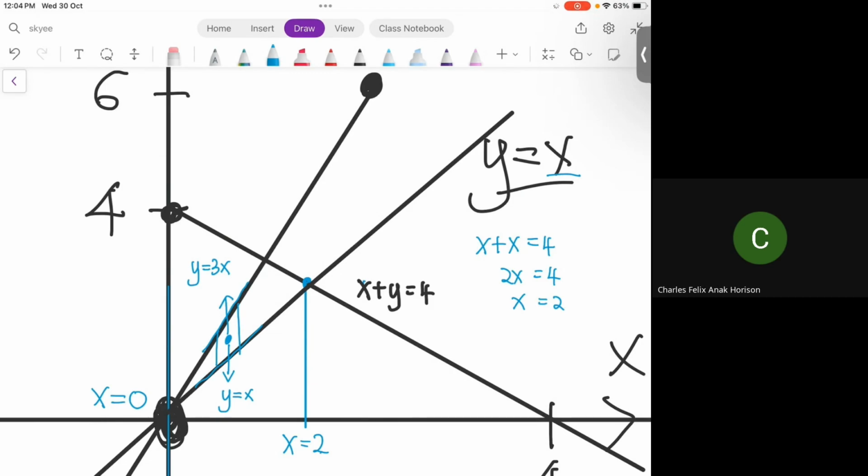Now I try to check again. When I put my vertical strip over here, x and y can still move around 0 to 2. But when I refer up, I see another line. It's not the same as just now. I see another line, which is x plus y equals to 4.